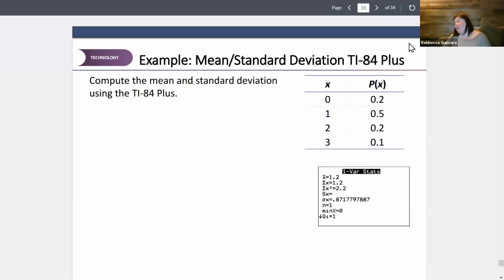So not only can we avoid doing a mean by hand, but we can avoid doing standard deviation and variance by hand. We already found this mean earlier. We know our standard deviation, and it's only giving me the population one, but that's okay.